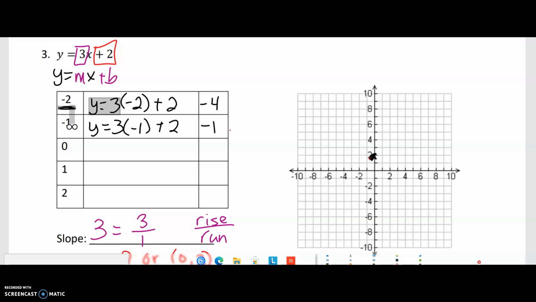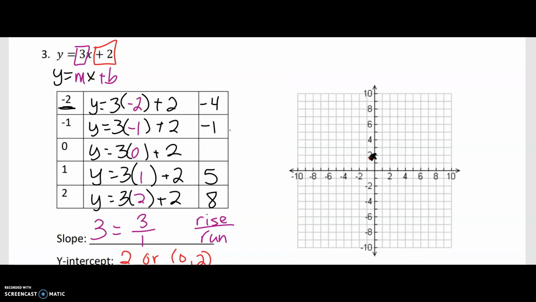And then I can continue on with my table. And as I continue on with my table, notice how I'm just changing what the x value is each time. I'm looking at whatever the x value is over here on the left for my table, and I'm just changing that each time as I go along. Now, I want to take a second to look at our table right here, where our x value is equal to 0.